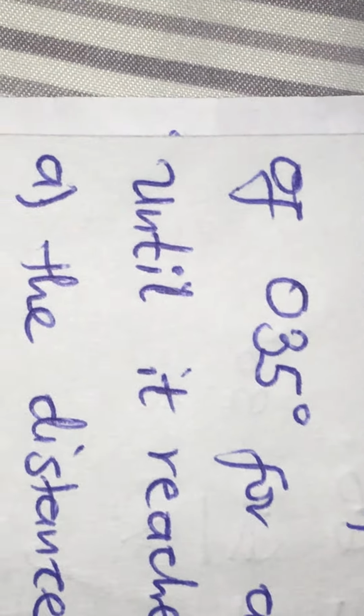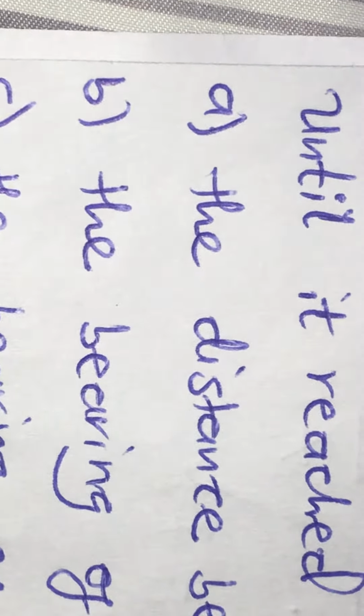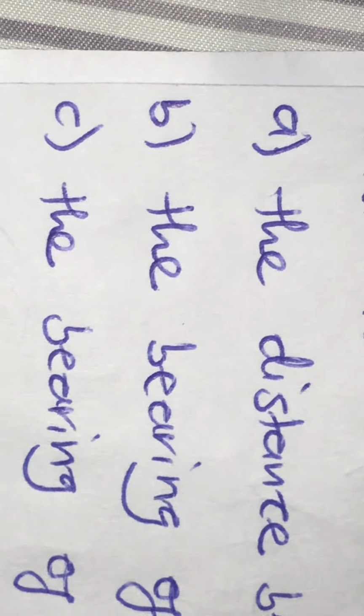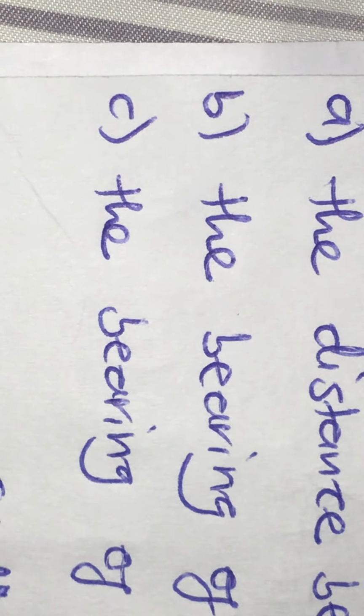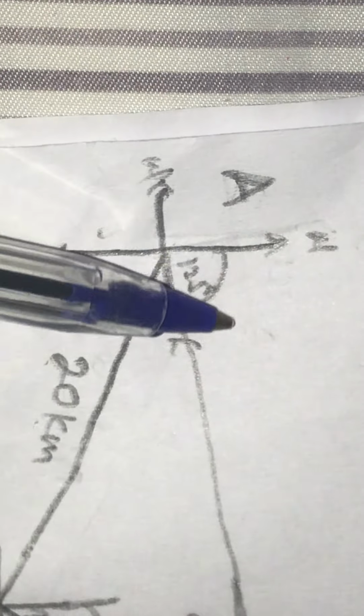The bearing of B from A, this is our A and this is our B. So it becomes our 278 point this minus our 180 degrees.